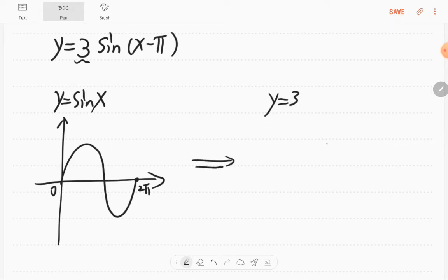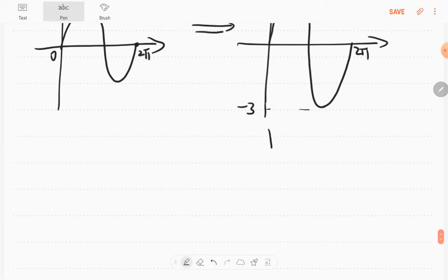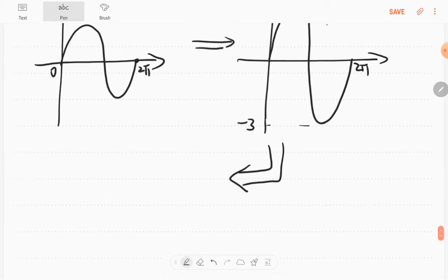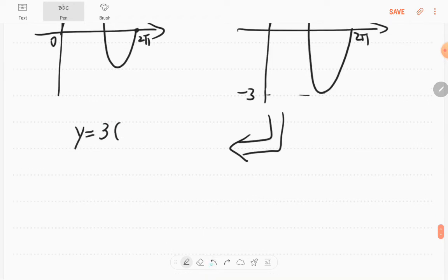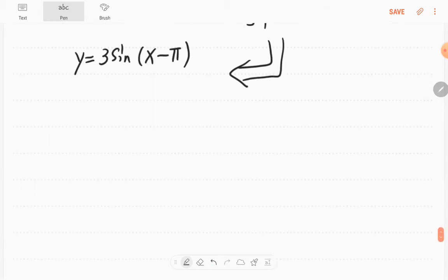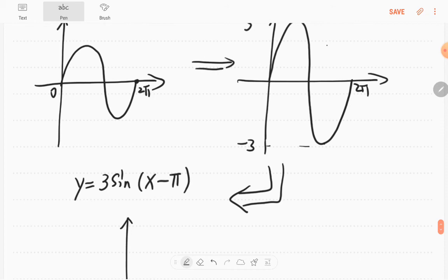Then y equals 3 times sine x, where we just stretch vertically. So here is still 2 pi, but here is negative 3 and here is positive 3. Then we get y equals 3 sine of x minus pi, so we move the graph by pi.